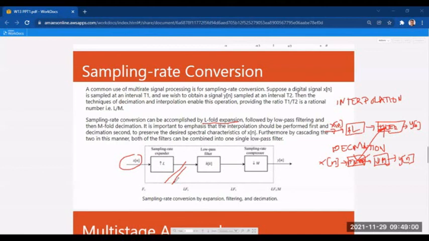So that's why it should always be in this order: expansion first, filtering second, and then decimation.